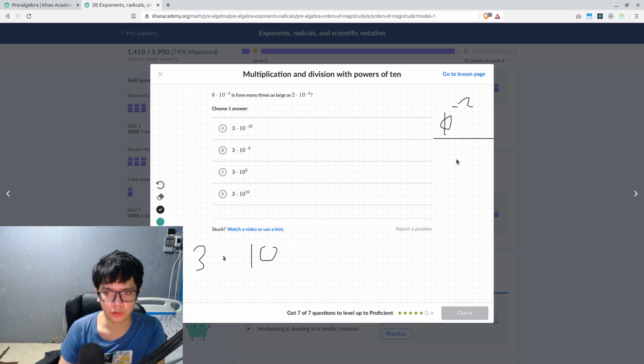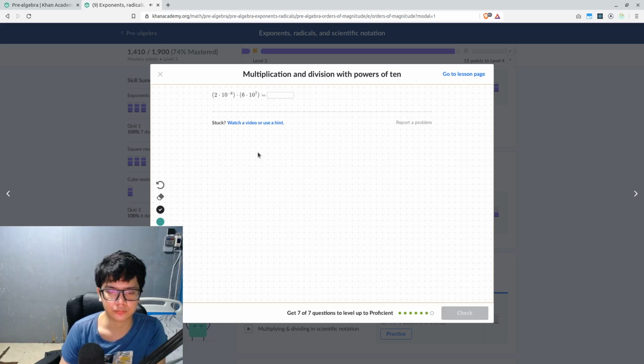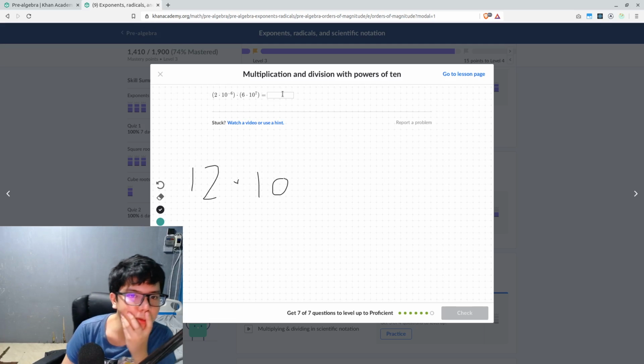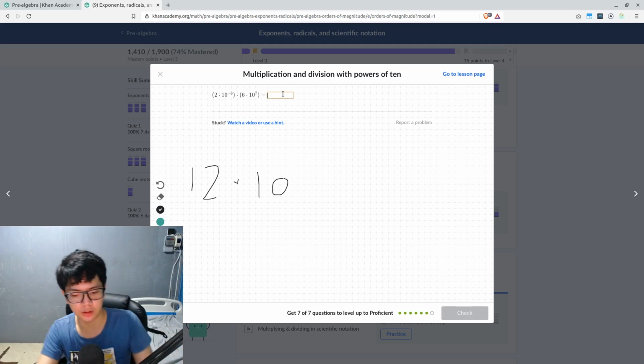Okay, negative 2 divided by 10 to the negative 8. So if we subtract negative 8 from that, we're going to have positive 6. Okay, we have 2, 6, 12 times 10. This is just 1. It's 120.